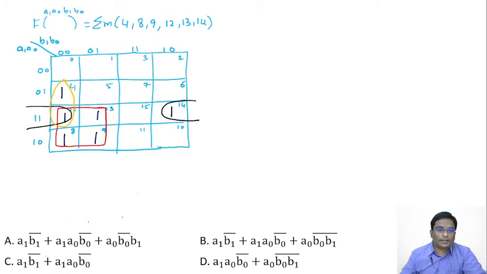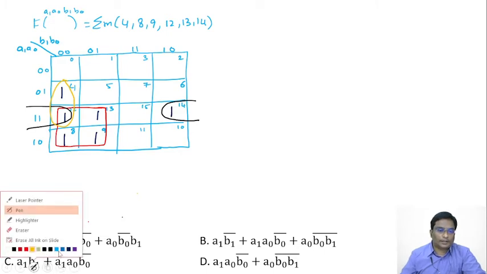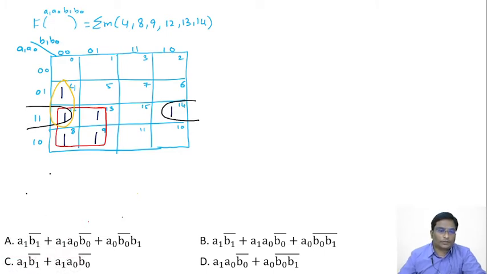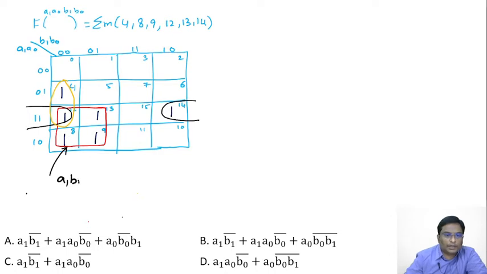Let us write the output here. For this quad, what is common? Here the common is 1, 1, therefore A1, and here the 0, 0 common is B1 bar.